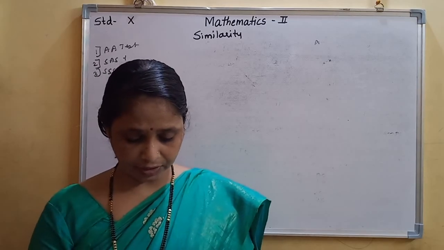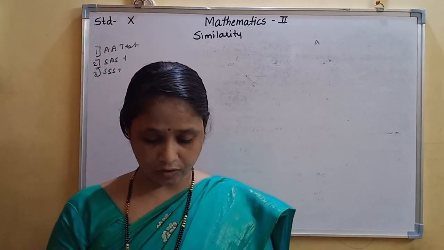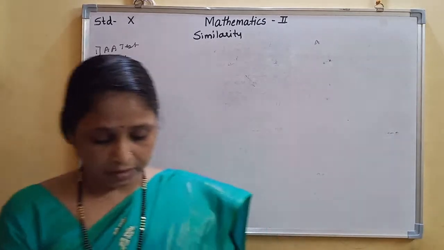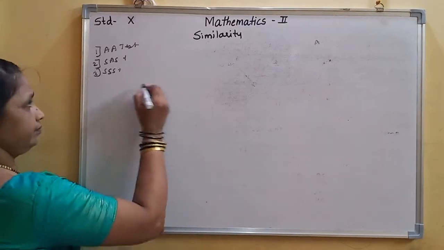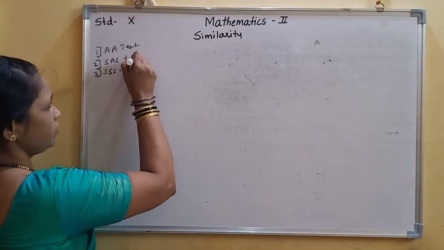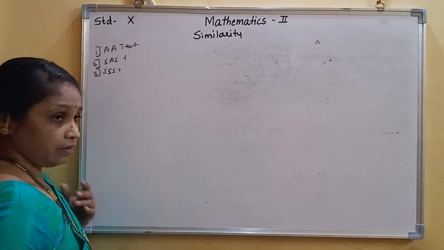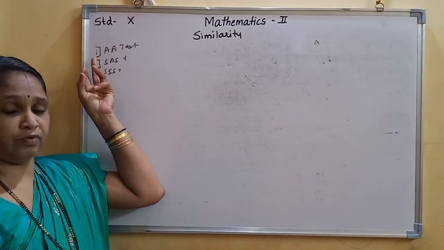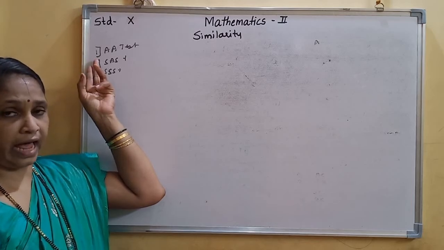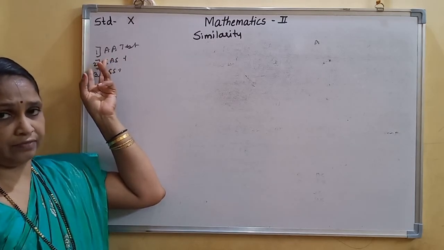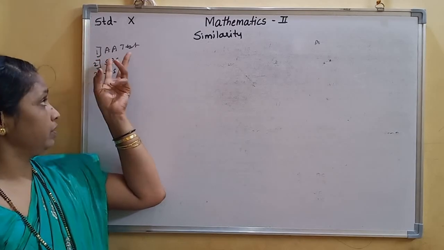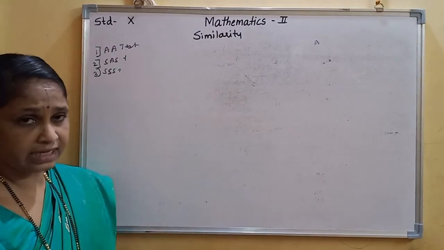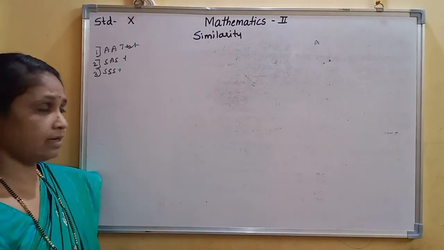Now next we have to see the SAS test of similarity. In the SAS test, side angle side means one side, one included angle, and one side, they will be in proportion, then we can say that the two triangles are similar by the SAS test.